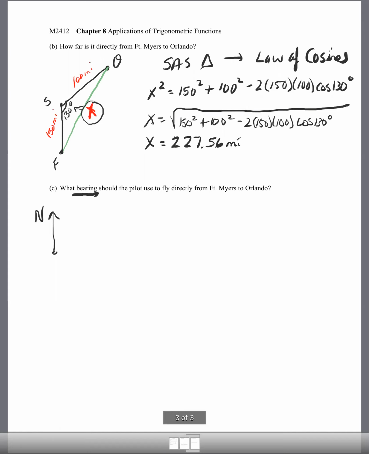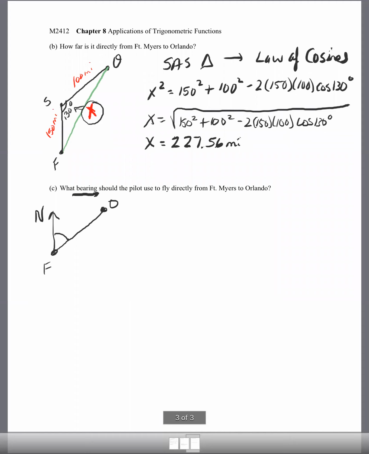So if we're here at Fort Myers and we're trying to get to Orlando and we want to go straight there, then what we need to figure out is, well, what is going to be our bearing from north? That's what we want to figure out. What is our bearing from the north?